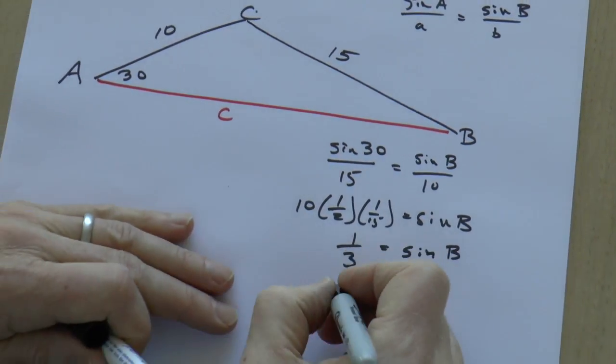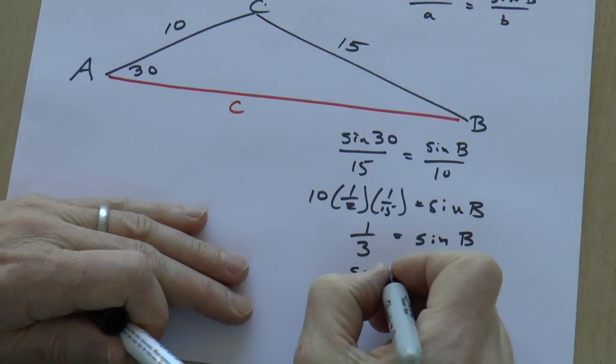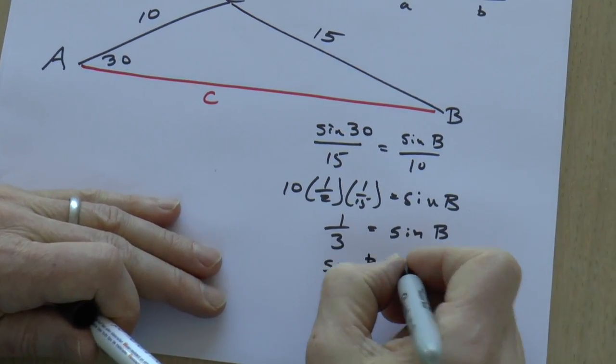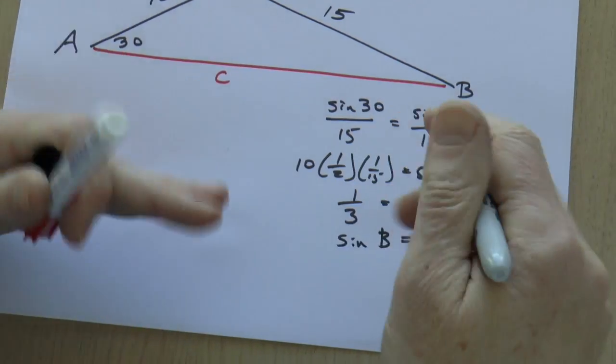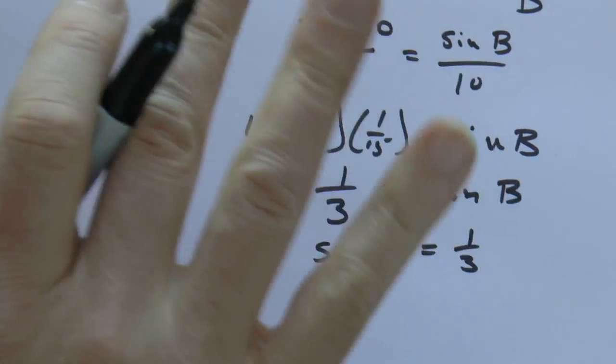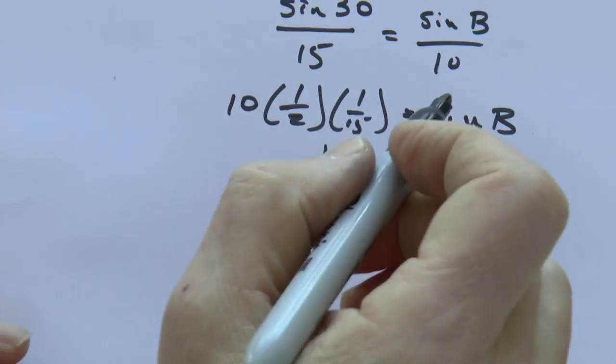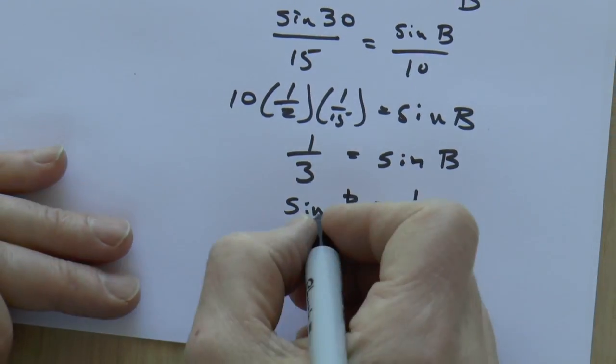And I'm not going to draw the figure, but we do get two possibilities. We know that about sine, that between 0 and 1, there's two angles. We have to test them here. I think you'll see what's going to happen.